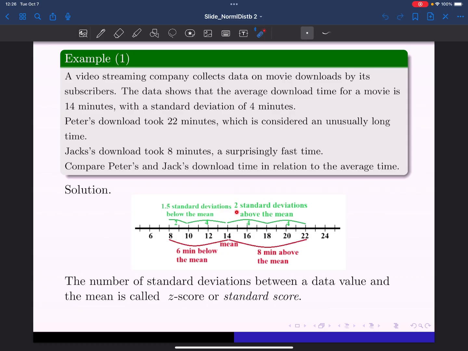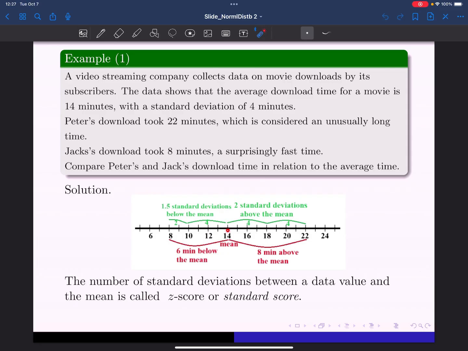So how many standard deviations away from the mean is nothing else but a concept called the z-score, or the standard score. This is the number of standard deviations between the data value and the mean. How far from the data mean the given data value is. It can be 2 standard deviations, or 1 standard deviation if we're talking about different data, or it could be 1.5 as we have in this example.